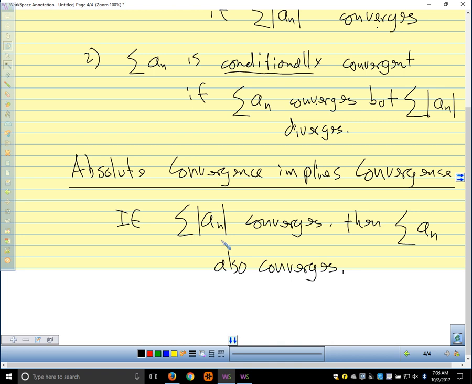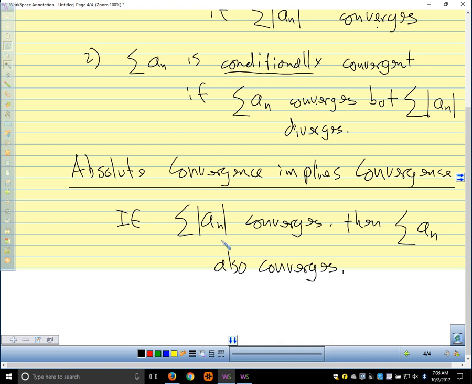And this is nice because absolute convergence lets us work with series that do not necessarily strictly alternate. In our alternating series test, we have that (-1)^n or (-1)^(n+1), so we have to have strictly alternating terms. Absolute convergence lets us work with series that don't strictly alternate.